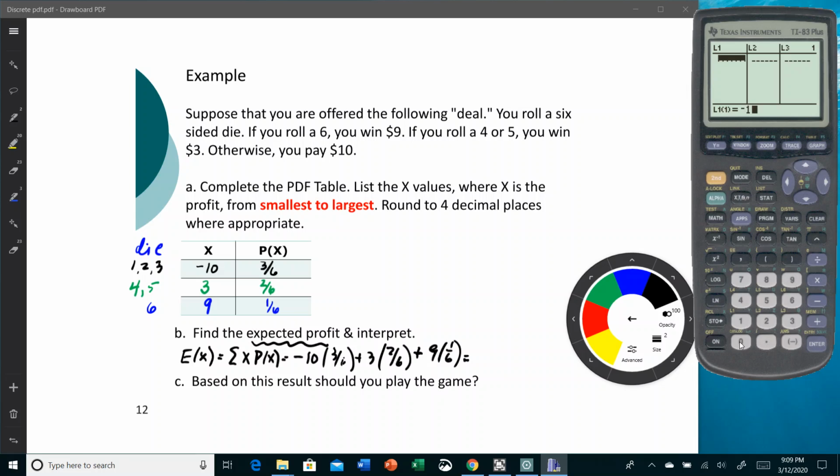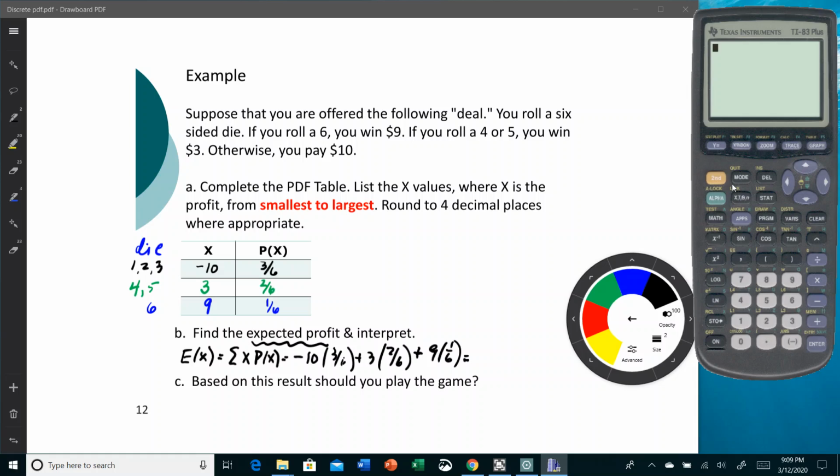So those are negative 10, 3, and 9, and then I'll put the probabilities in list 2. The associated probabilities are 3 divided by 6, 2 divided by 6, and 1 divided by 6. So those are the three probabilities.